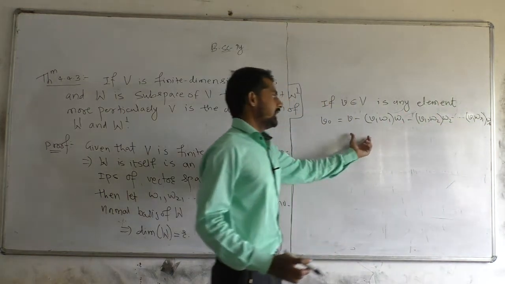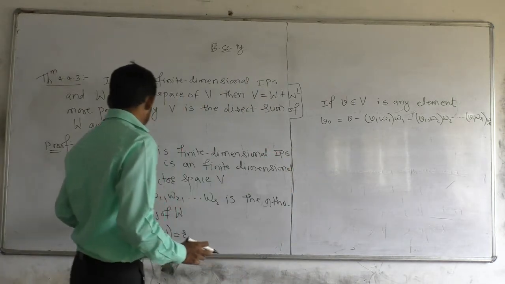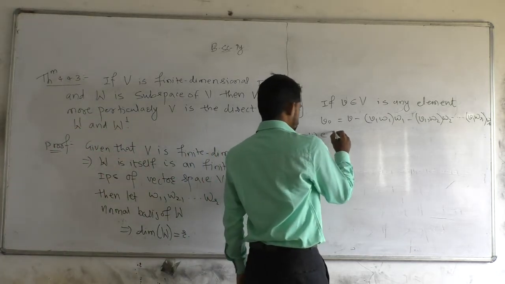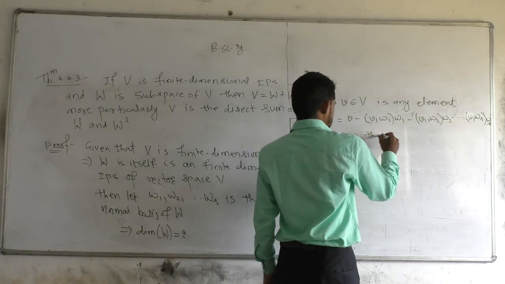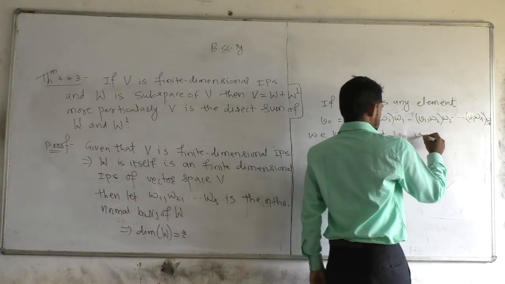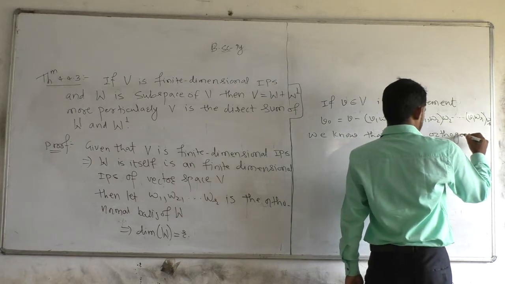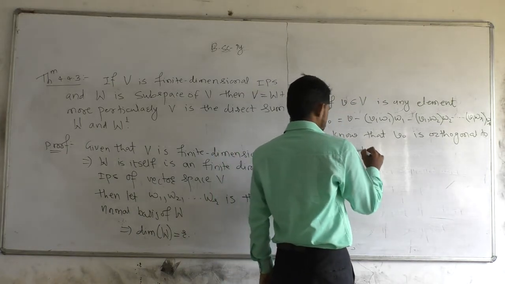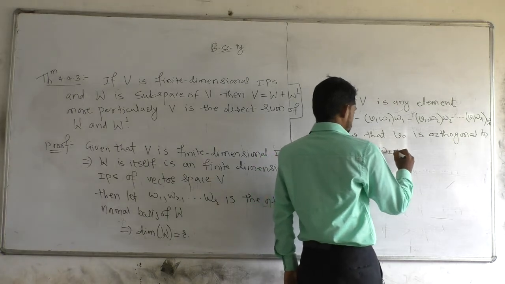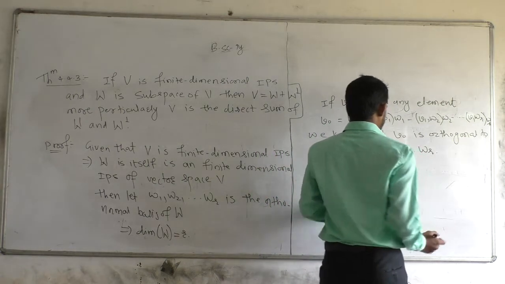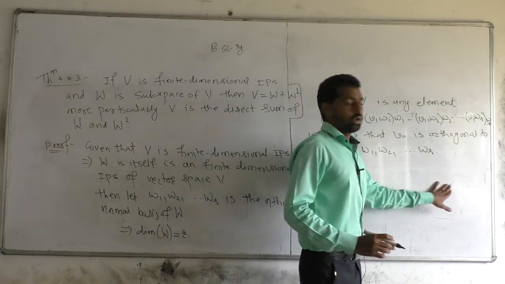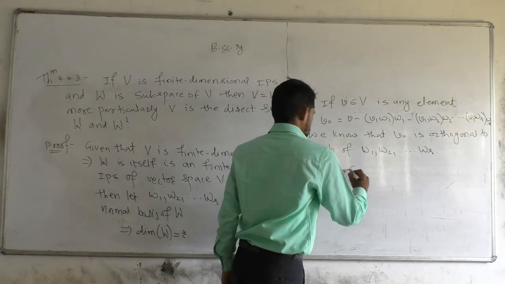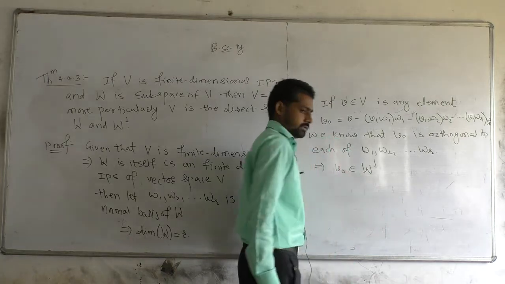And we know that this element v0 is orthogonal to each of w1, w2, ..., wr. Therefore, it must go to the orthogonal complement of W, because this is the basis of W. This implies that v0 belongs to the orthogonal complement of W.